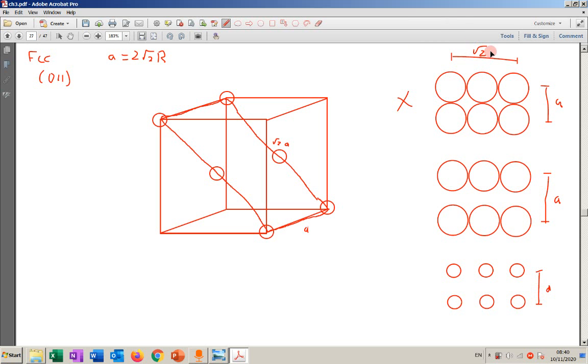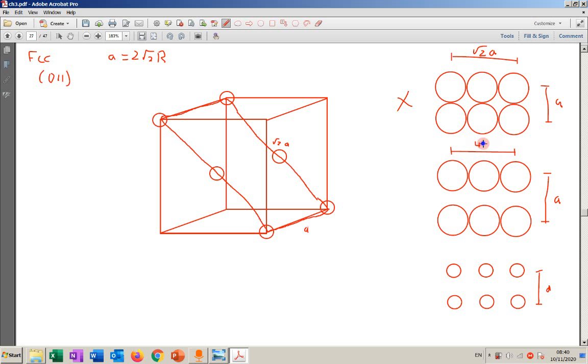Now, going to the other side, this is root 2 A. Is root 2 A going to be this one or this one? Why? Because from here till here, if I check this, how much will it be? It will be R here, 2R here, 1R here, this is 4R here.